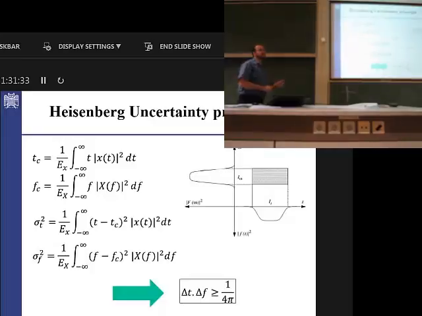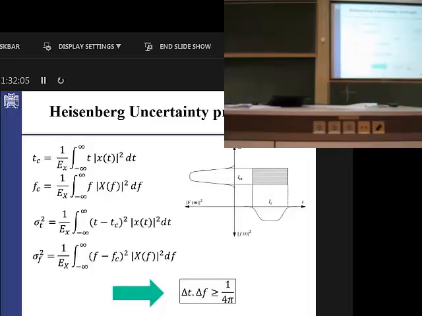The Heisenberg uncertainty principle says that you cannot have the frequency resolution and the time resolution be fine at the same time. So you have to sacrifice one at the price of the other. If you need time resolution, you have to sacrifice the frequency resolution, and vice versa.